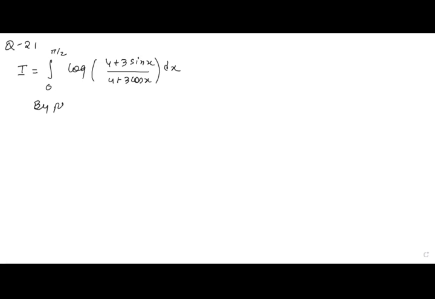So using property 5, I will replace x by a minus x. Here a is pi by 2. So I will replace this by pi by 2 minus x.